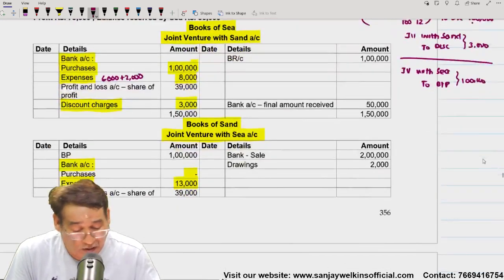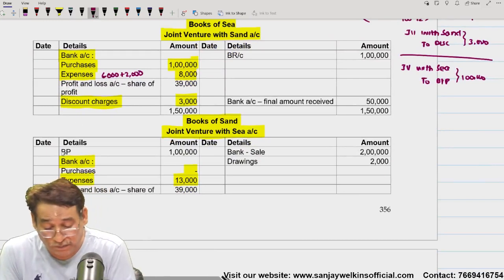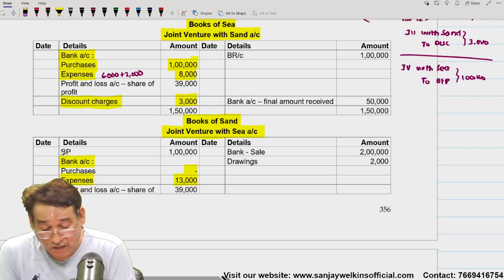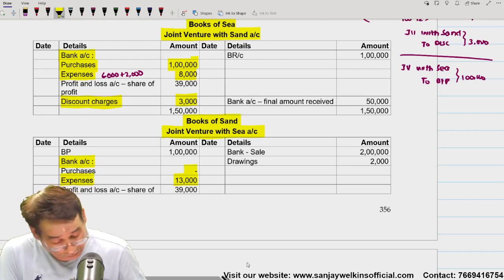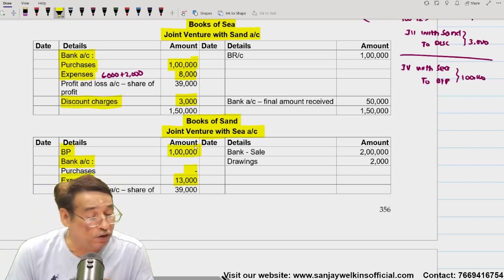Because of this, in the books of SAND, in joint venture with C account, I am going to write to bills payable 1 lakh rupees. Is it clear to you or not?